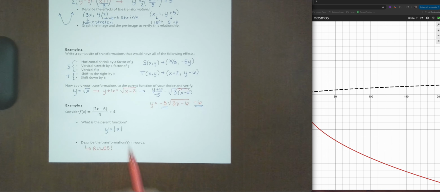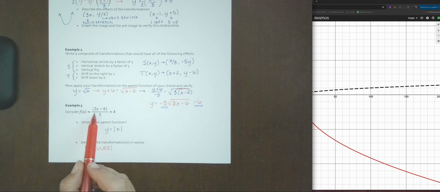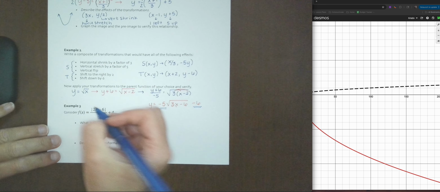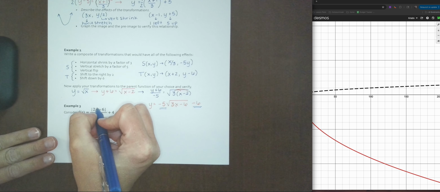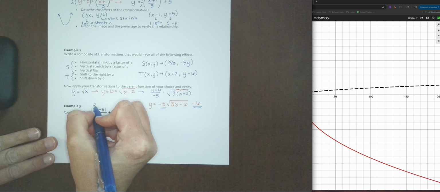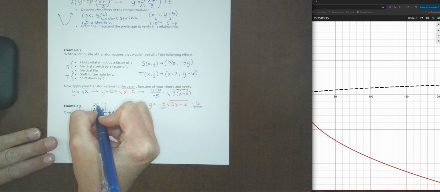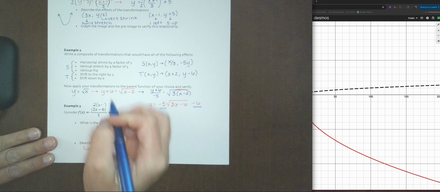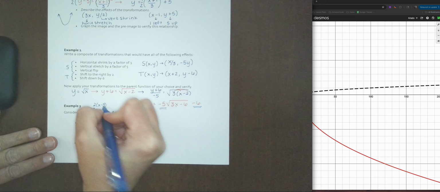And in order to find the rules, I need to clean this thing back up, right? So the very first thing I'm going to do is take this 2x minus 6 and I'm going to factor out a 2. So I'm going to make this 2 with parentheses, x minus, and then if I pulled that 2 out, this 6 is really a 3 in disguise.